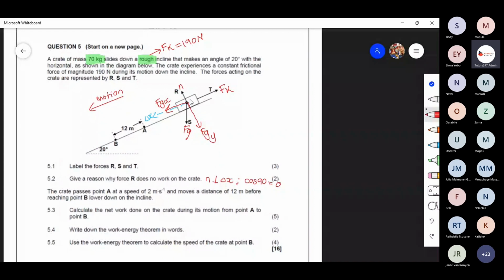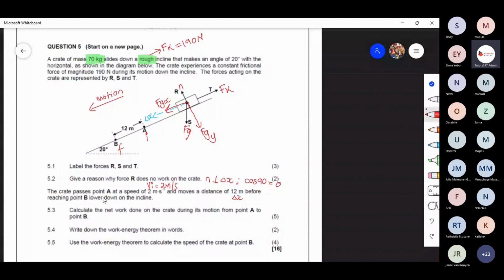Calculate the net work done on the crate during its motion from point A to point B. Because we are only taking into consideration point A and point B, I'm going to take point A as my initial, and point B as my final. That then means that my displacement is 12 meters, and my initial velocity will be the velocity at point A, which is 2 meters per second.